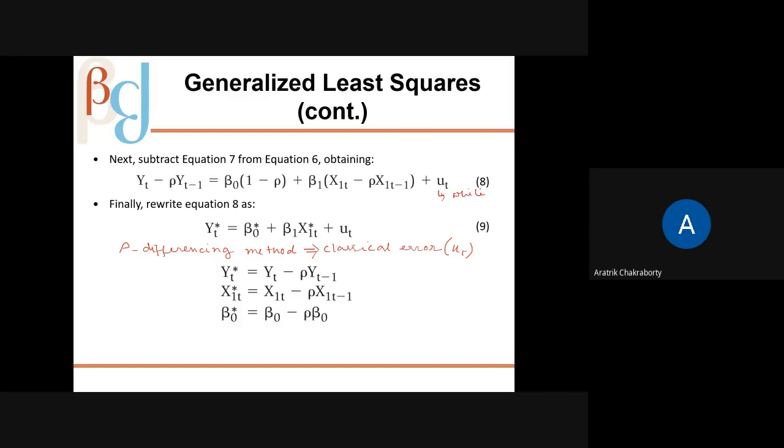This is the final equation, equation number 8, where the error is a white noise. Now, if I apply the ordinary least squares technique to estimate beta 1 using equation number 8, will beta 1 hat be a BLUE, best linear unbiased estimator, or not?